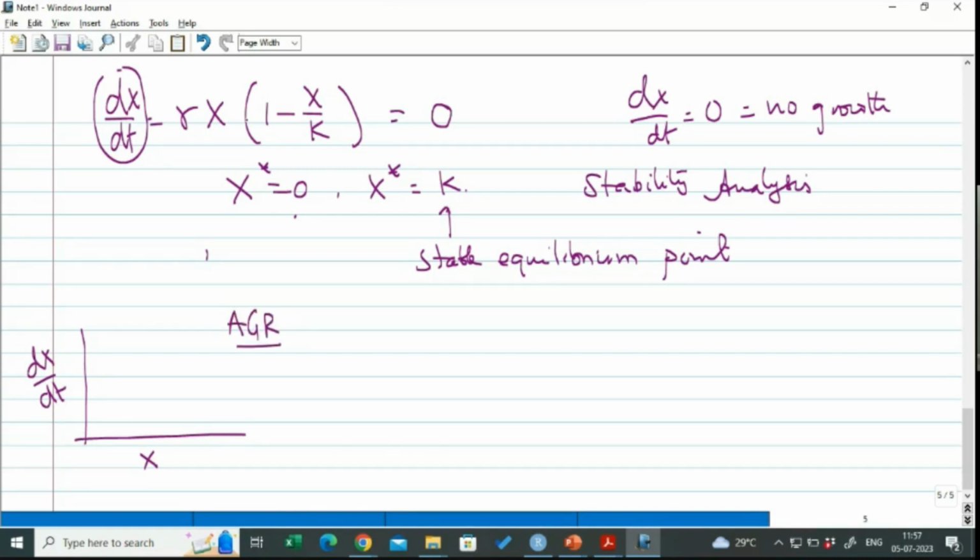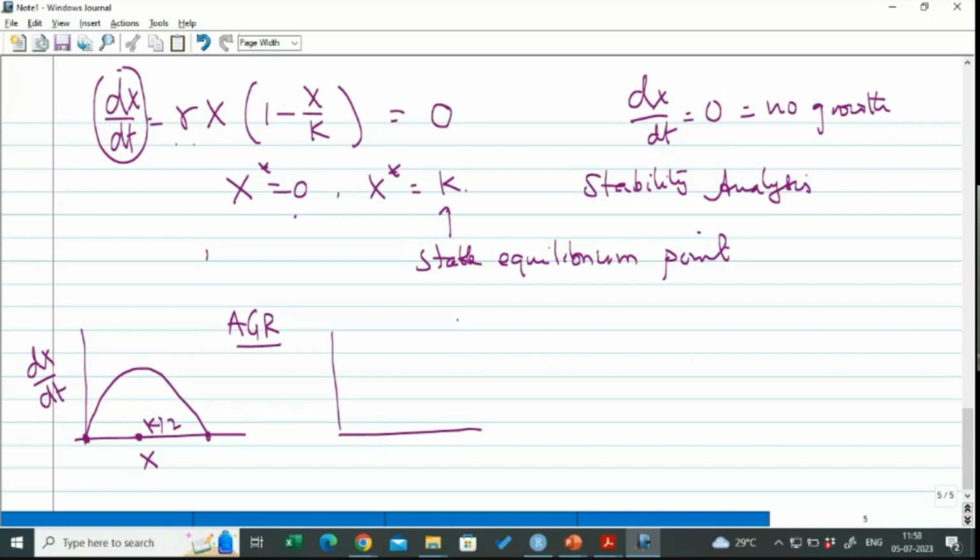For example, here dx/dt for logistic is rx(1 minus x/k). That means it has one root at 0 and another root at k. So this looks like this, and the maximum is attained at k by 2.